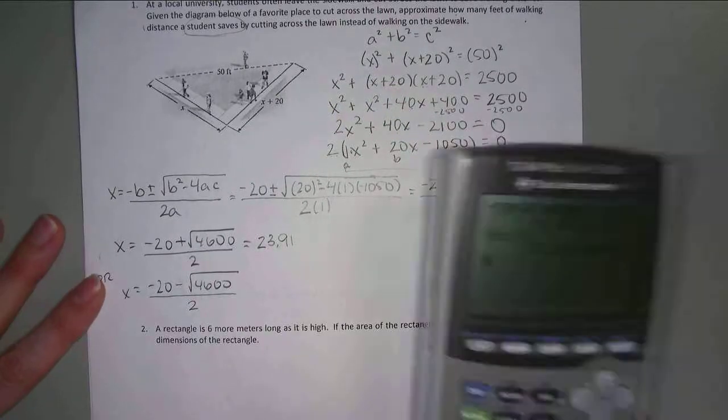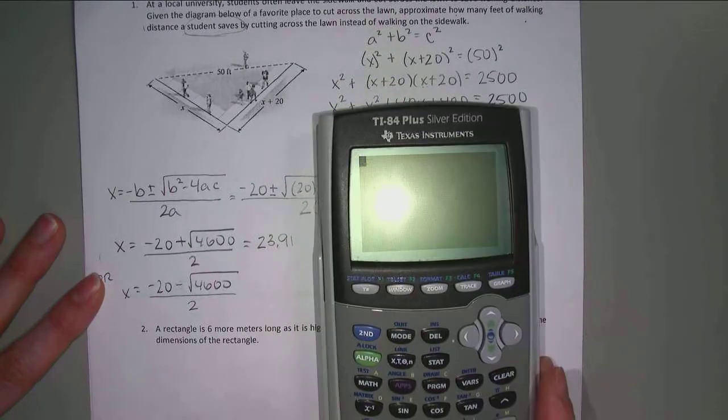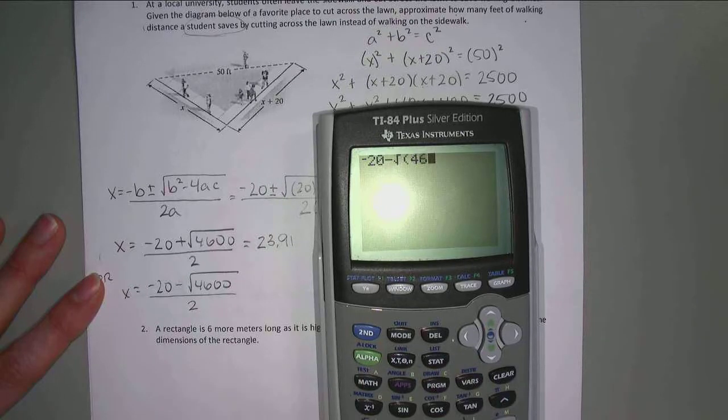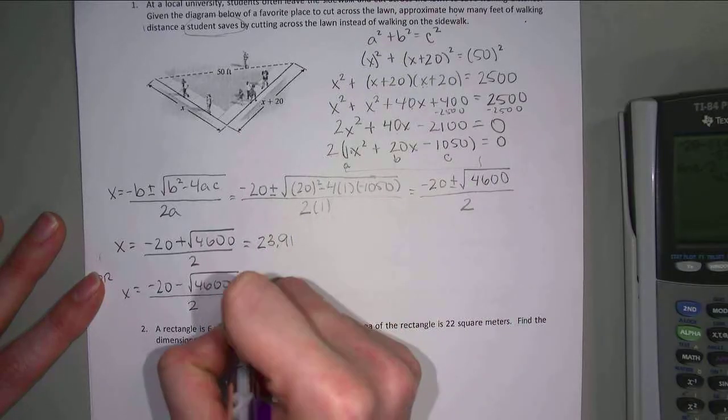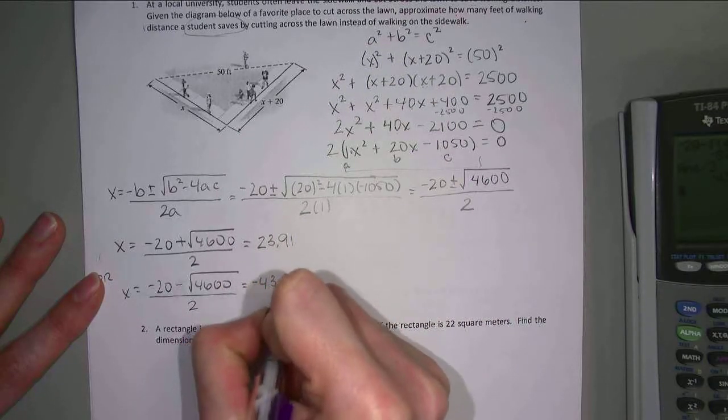And then I'm going to do the same thing, but with the negative. So I'm just going to type negative 20 minus the square root of 4,600, hit enter, and then divide by 2, and I get negative 43.91. Does that look okay for those that did it on your calculator?